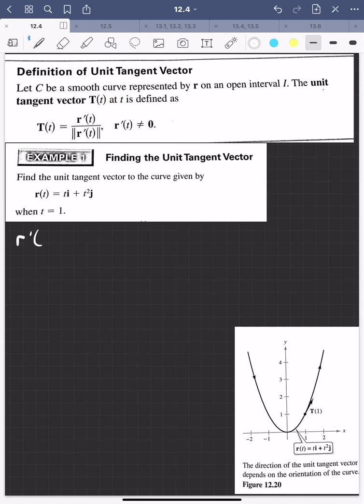So let's start with r prime. Moving quickly, the derivative of t with respect to t is just 1. So that's going to be 1i, or just i, plus the derivative of t squared, which is 2t j. All right, so there's r prime. And now let's find the magnitude of r prime.